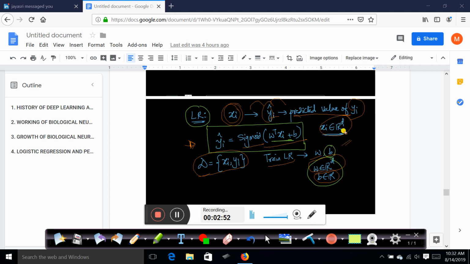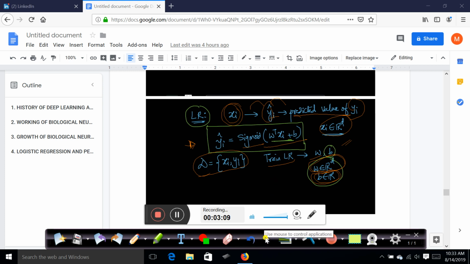Then definitely our vector w will also be d-dimensional and our b will be a single value. That is our supposition right now.